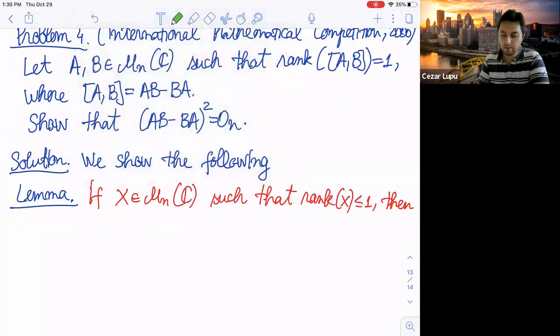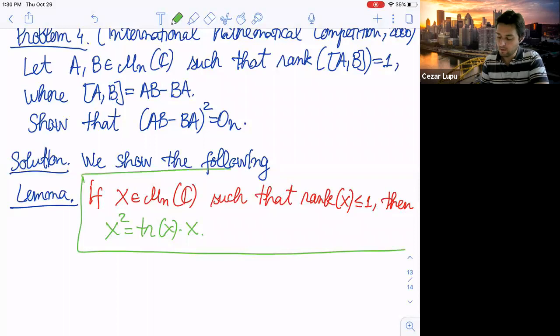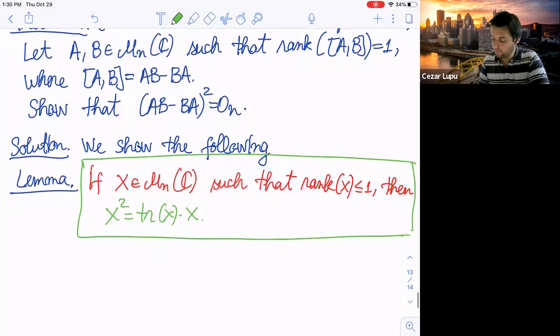X squared is nothing else than just the trace of X times X. Wow, that's a very important thing. And this happens if the rank of X is at most 1. Then this happens. So let's prove this lemma.